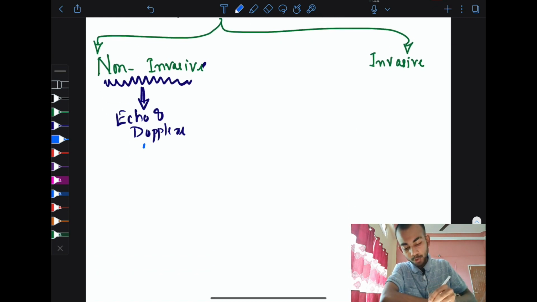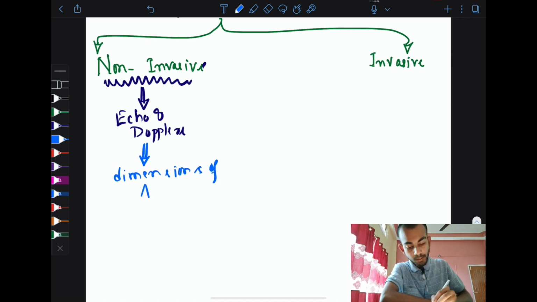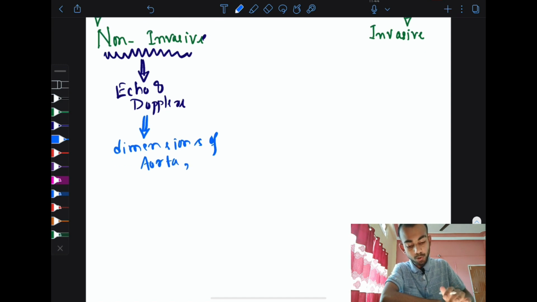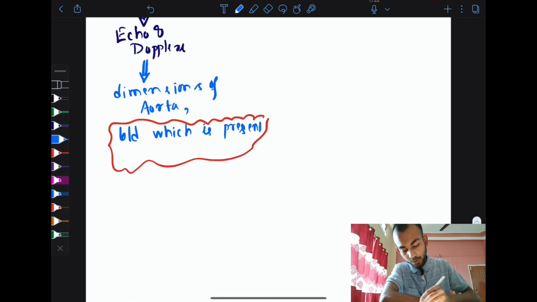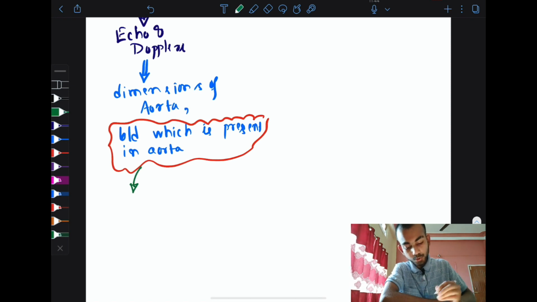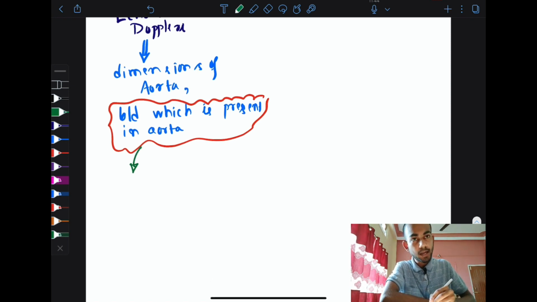Using echocardiography and Doppler studies, guys, what we can know is the dimensions of the aorta. In addition to knowing the dimensions of the aorta, we can also find the amount of blood which is present in the aorta. Now this second aspect, the blood present in the aorta, is revolutionary in a sense that it can also give us the amount of blood which is pumped per stroke by the ventricle, isn't it?